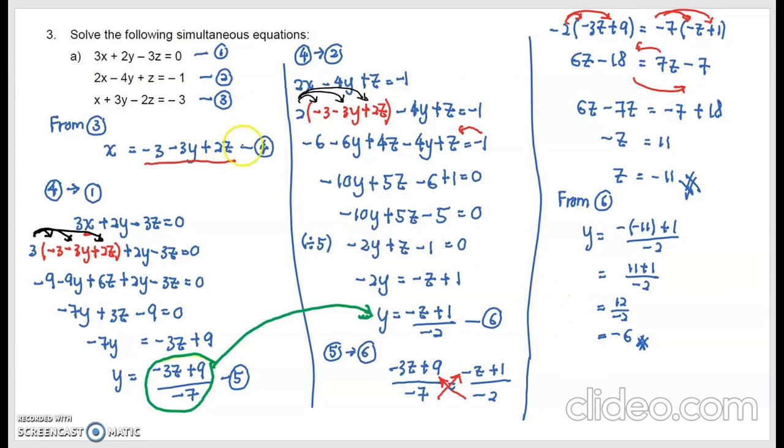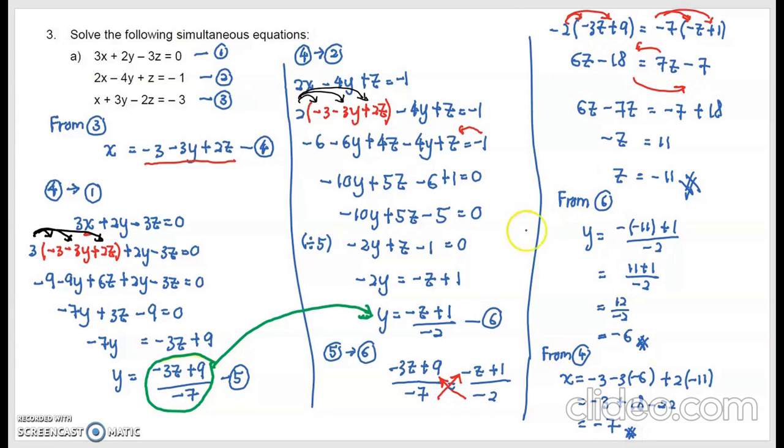So in order to find the value of x, I can use equation 4. From equation 4, x is equal to negative 3 minus 3 times, here is negative 6, plus 2z, z is negative 11. So here is negative 3 plus 18 minus 22, so this becomes negative 7.